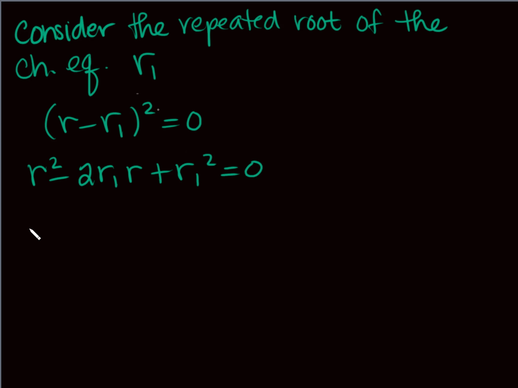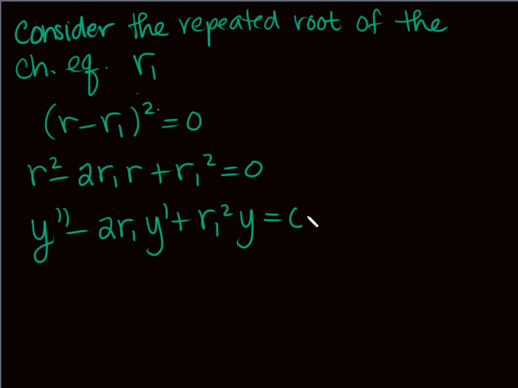So let's bring that back then. What would this be in terms of my differential equation? I would have y double prime minus 2 r1 y prime plus r1 squared y equals 0.